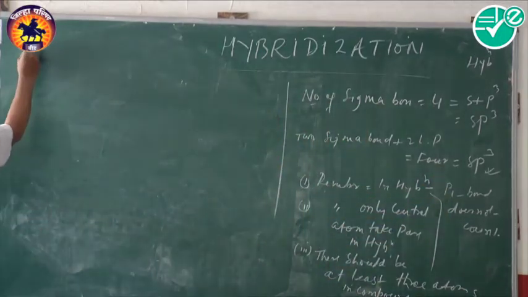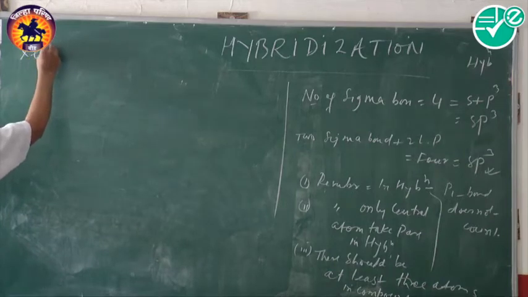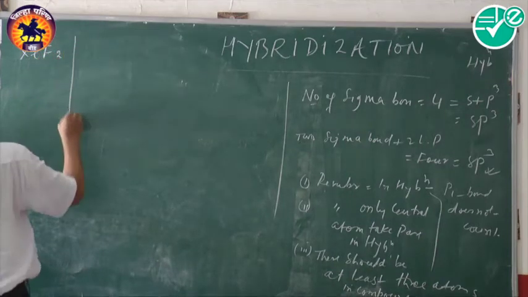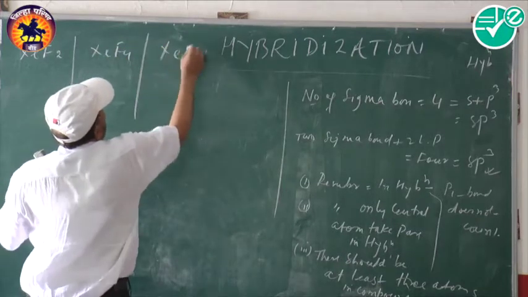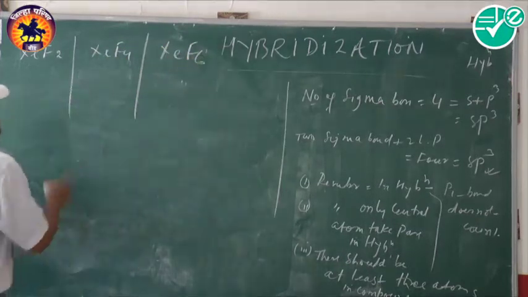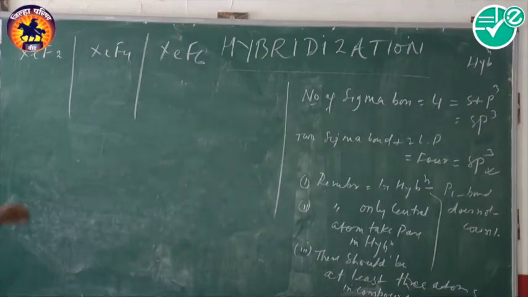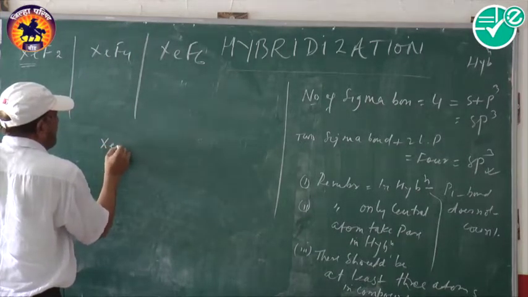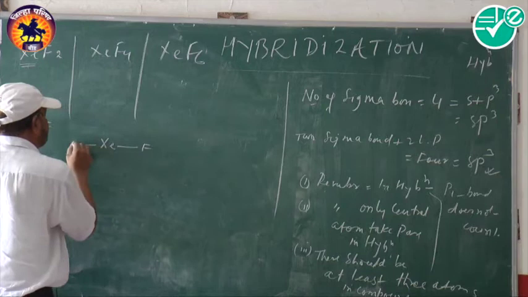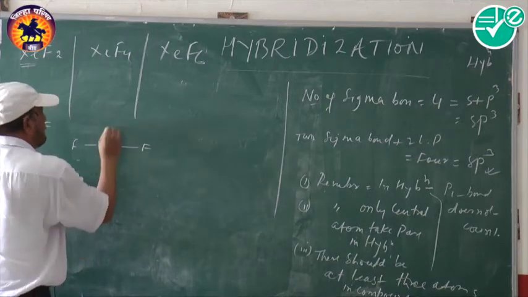Next example, XeF2, XeF4, XeF6. See, this is your xenon, which belongs to the inert gases. Okay, Xe, there are 2 bonds. Xe, there are 4 bonds.